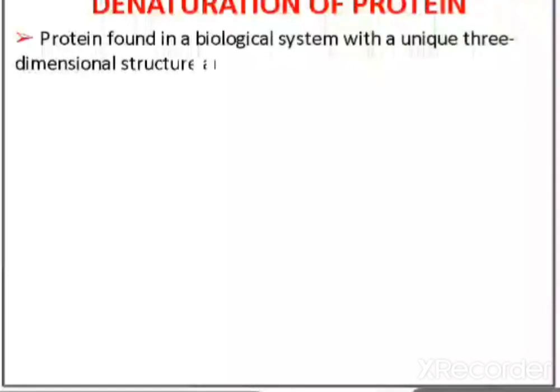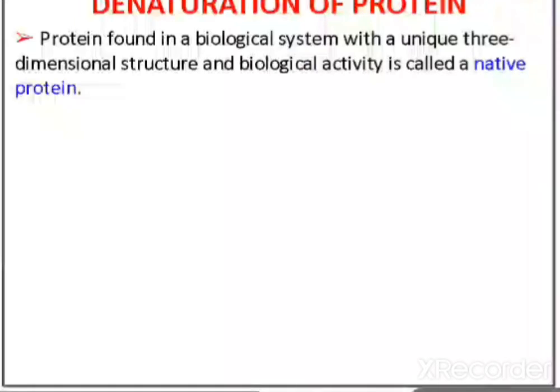Protein found in a biological system with a unique three-dimensional structure and biological activity is called a native protein. It means whenever we talk about protein, the structure of protein is fixed, whether quaternary, secondary or tertiary.